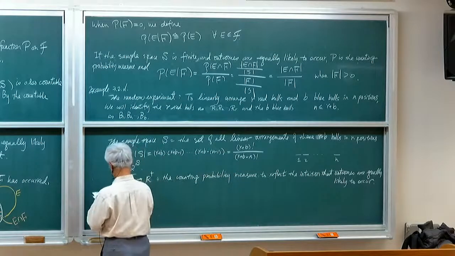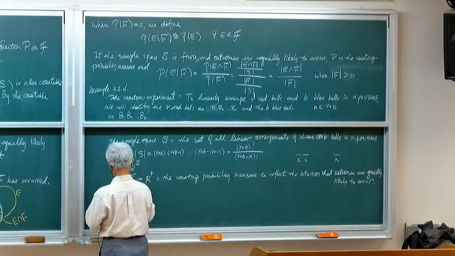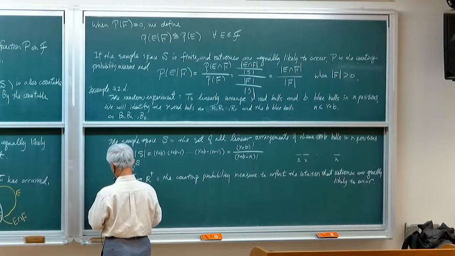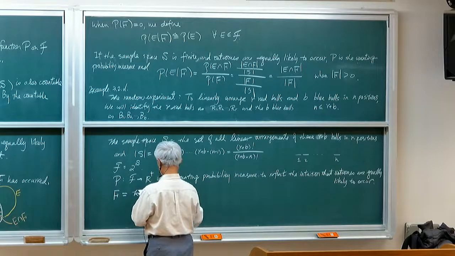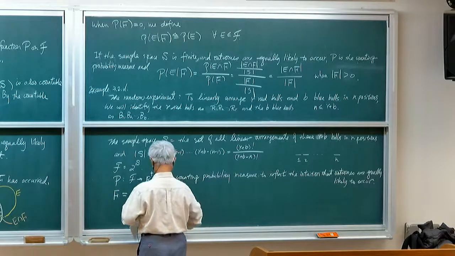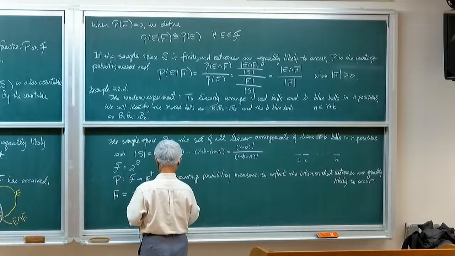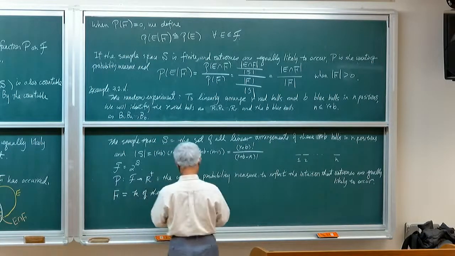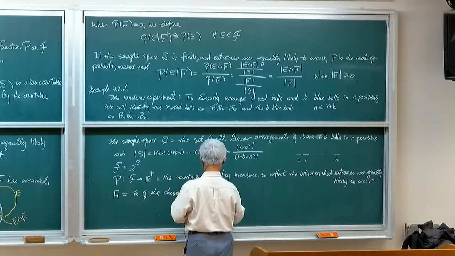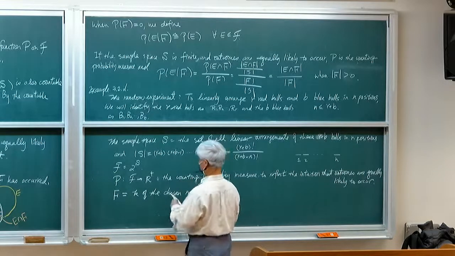Okay, so now event F. What is the event F? Event F is that K of the chosen n balls are blue.